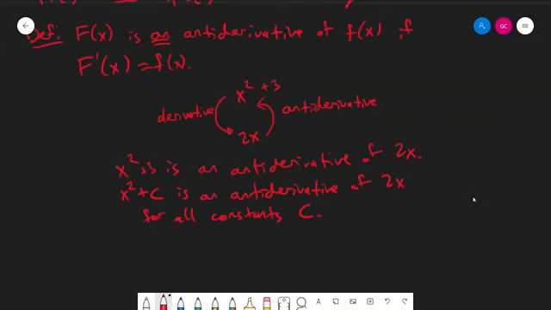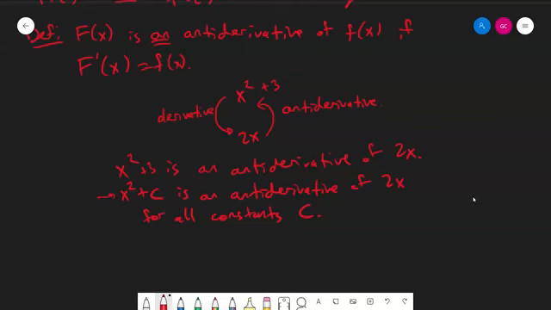Now, a natural question then is, are these the only antiderivatives of 2x? This gives us an infinite family of functions whose derivative is 2x, so are there others? Well, it turns out that there actually aren't any others.